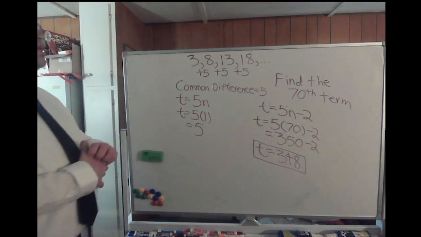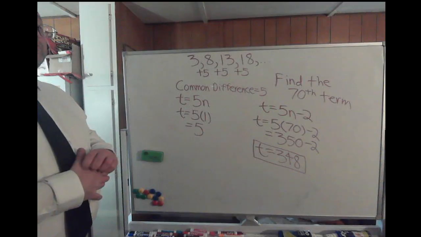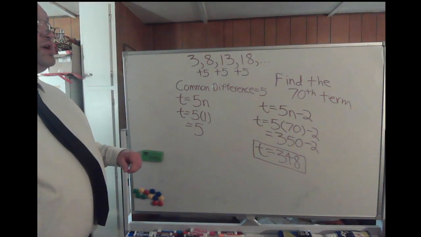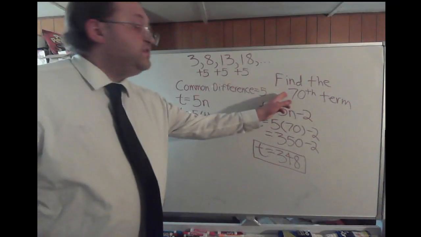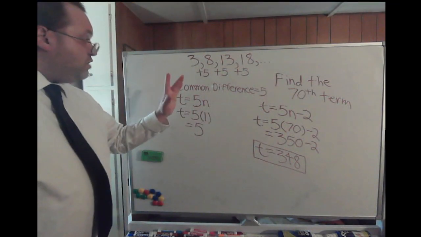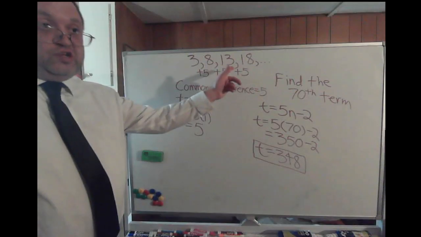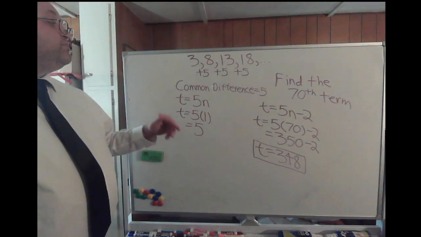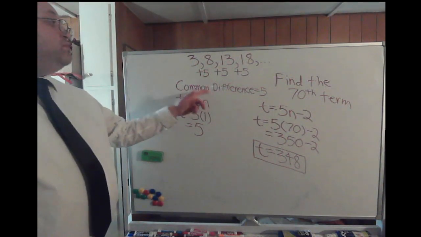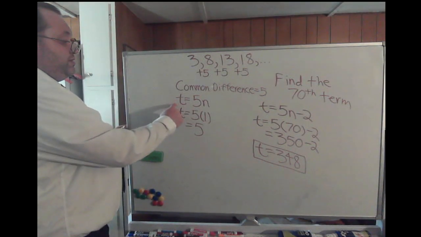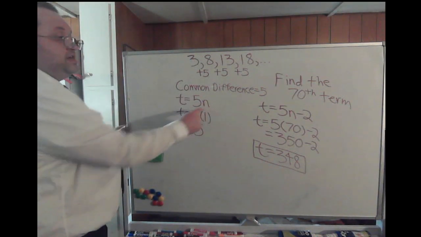So when doing these arithmetic sequences, what you always want to do, no matter what term they ask you to find, you start out with figuring out what is your common difference between each of the terms. Alright, so then what you'll do is for the term, it'll be that common difference times the number of term you're on.